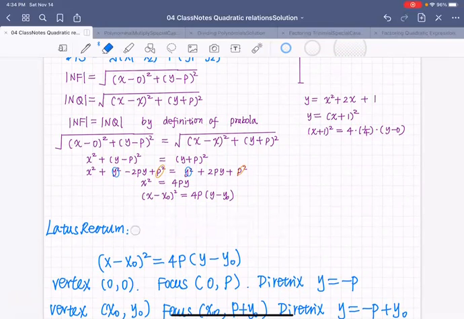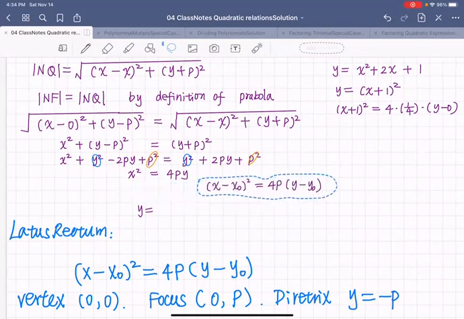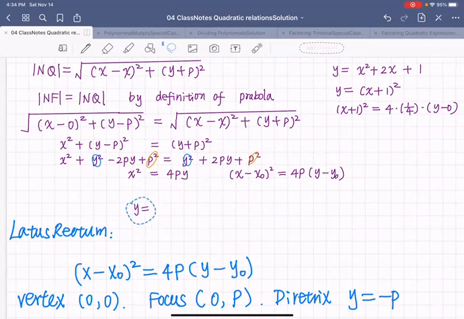Right now we are still talking about when the center is at 0, 0. When y equals p, x squared equals 4p squared.